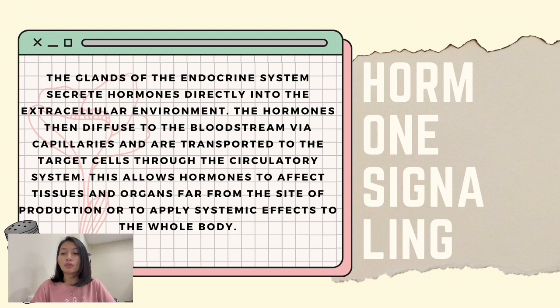This allows hormones to affect the organs and tissues of our body far from the site of production, or to apply systemic effects to our whole body. The hormone-producing cells are typically specialized and reside within a particular endocrine gland, such as thyroid cells in the thyroid gland, and hormones exit their cell of origin through the process of exocytosis or by membrane transport.